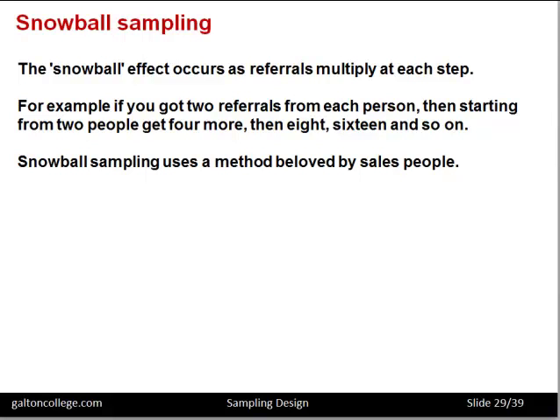So part of the sales work has been done. So trying to get referrals of customers in sales is a very good idea. That's the way it's seen, and snowball sampling is used in that respect.